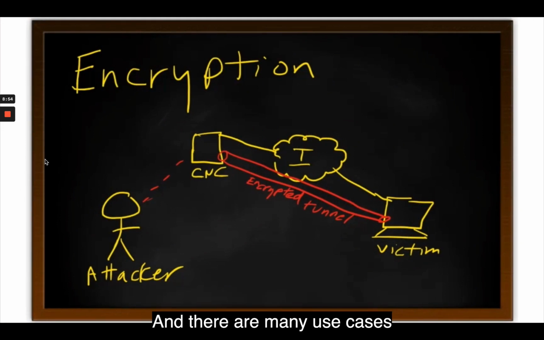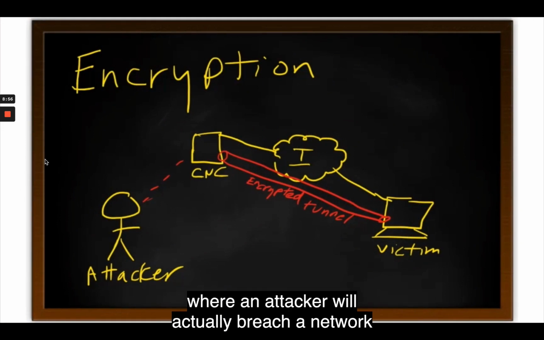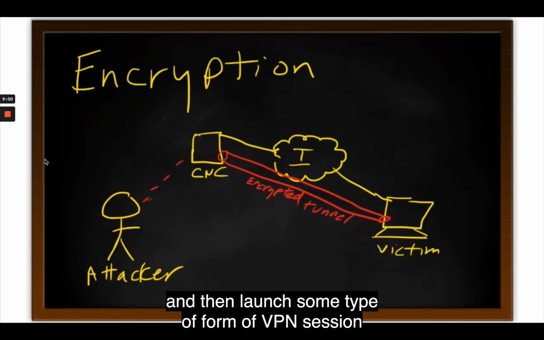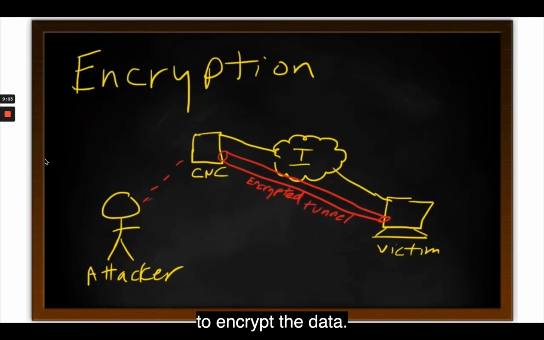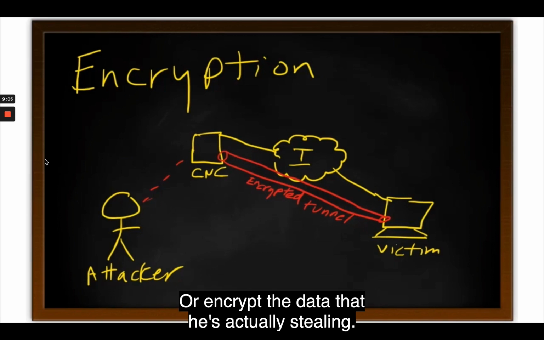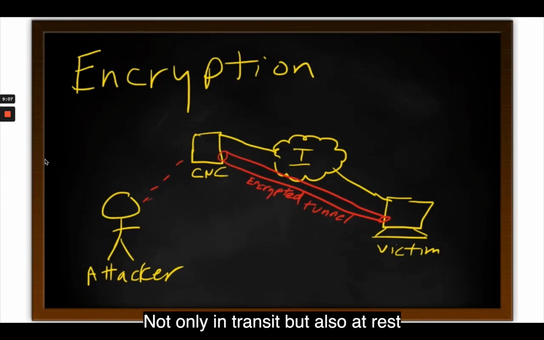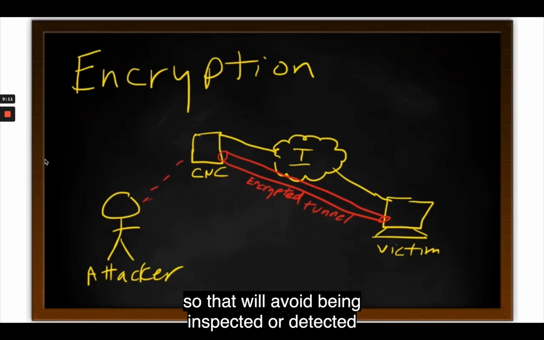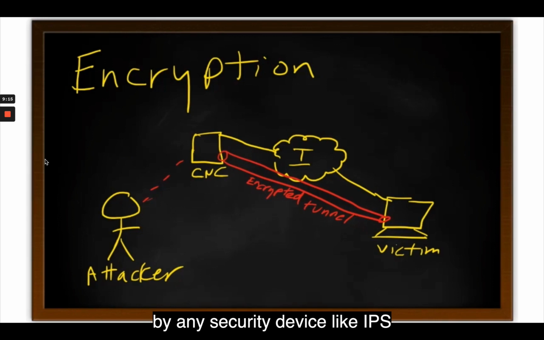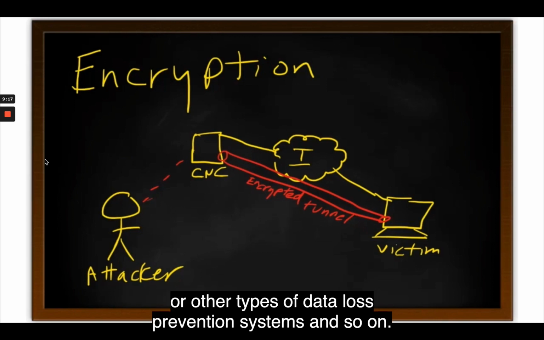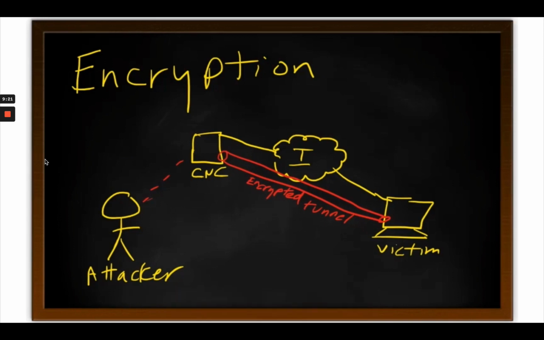There are many use cases where an attacker will breach a network and then launch some form of VPN session to encrypt the data they are stealing, not only in transit but also at rest, so that it avoids being inspected or detected by any security device like an IPS or other types of data loss prevention systems and so on.